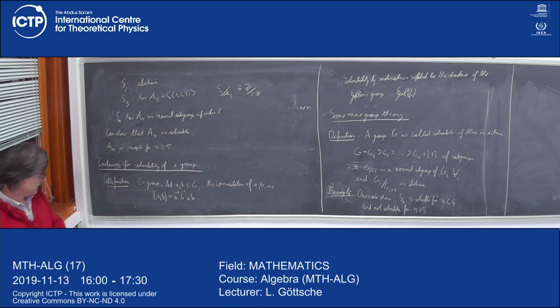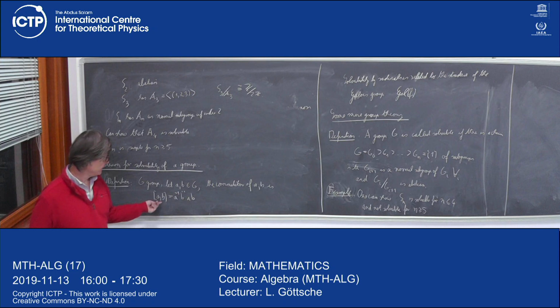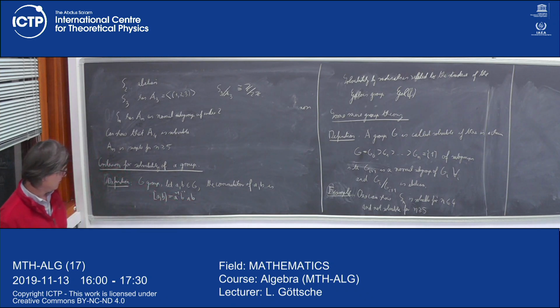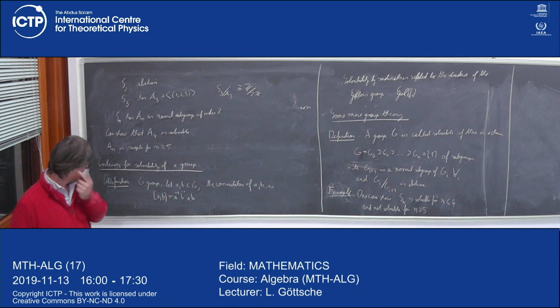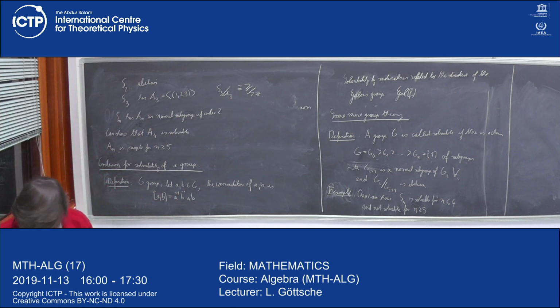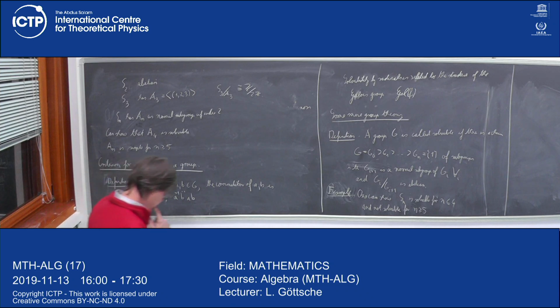If a and b commute, then a^-1 b^-1 is the same as b^-1 a^-1, and everything cancels out, the commutator is 1. In fact, it's easy to see that the commutator will be 1 if and only if a and b commute.